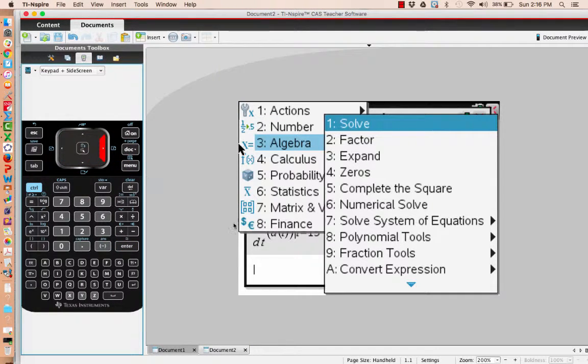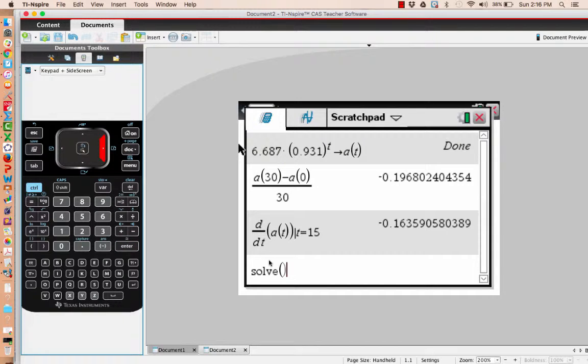So here's our algebra menu. We're going to say solve. And before I type in the equation, let's come outside the parentheses and let's go ahead and set up the restrictions on the domain here. So I only want answers that are between 0 and 30. I don't want all the solutions because there could be more than one or maybe two. It could be a whole bunch, and I don't want to have a bunch of calculator gibberish confusing me here.